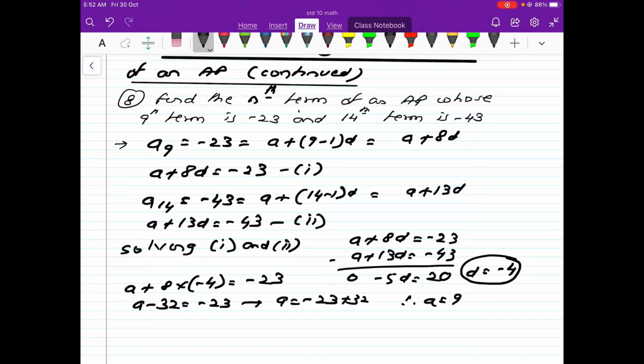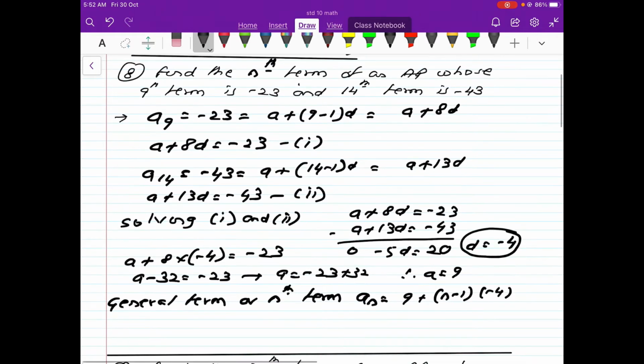So now I want to find the general term. So the general term or the nth term an is equal to a. So what is a? We found 9 plus n minus 1 into d. So what is the d? We found minus 4.